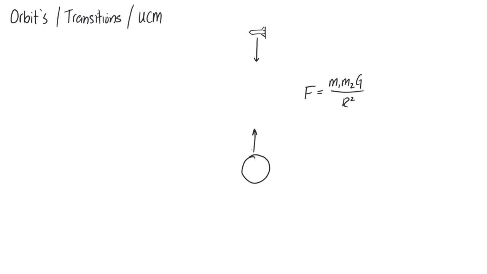Now, if I just have 2 objects in space near each other, as I do right here, and there's nothing else happening, then the 2 objects are going to be pulled towards each other. Now, I would assume the smaller object will be pulled more than the bigger object, right?